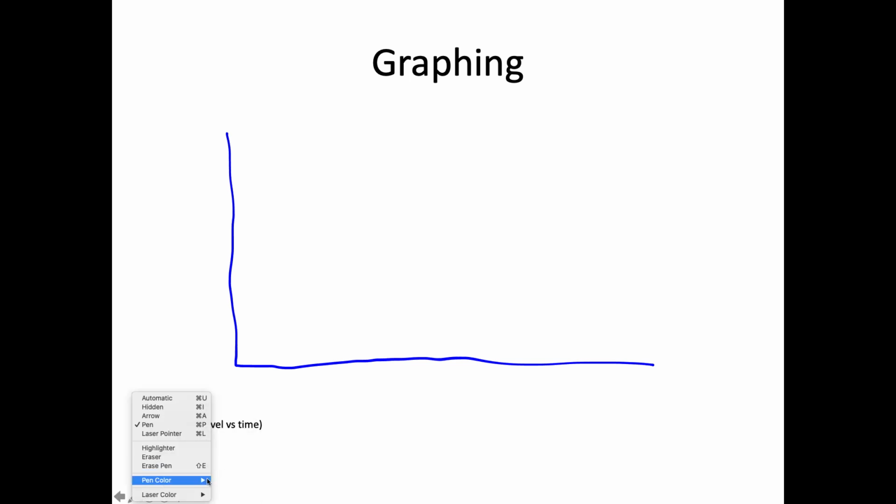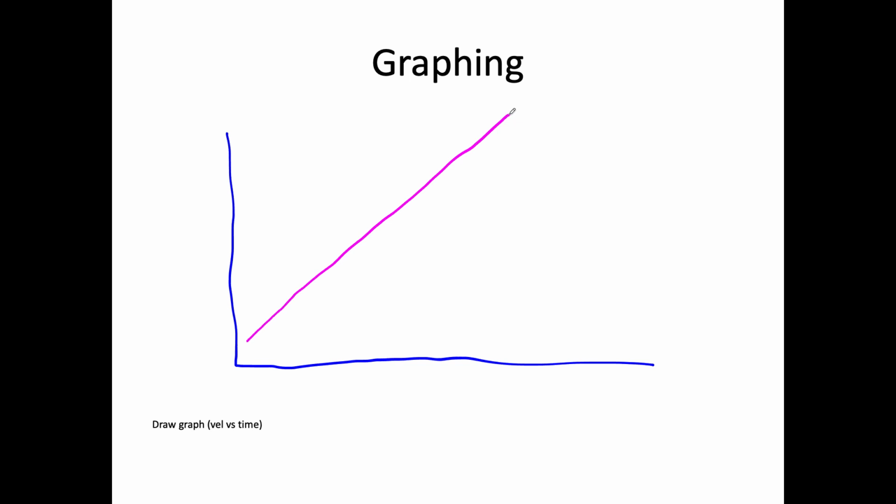So when we graph velocity versus time, we're going to have two sets of graphs. So we're going to have one where it's a straight line. So the slope is going to be constant, it does not change. This means that acceleration is constant and we have a constant acceleration.